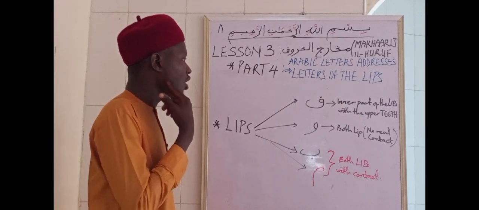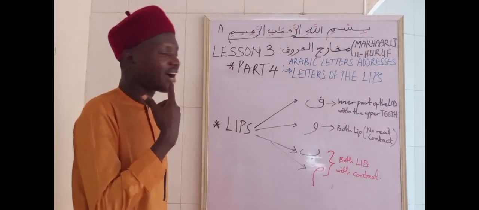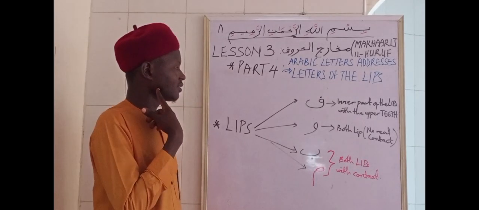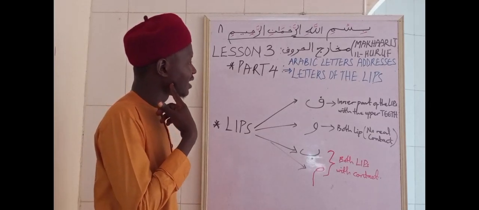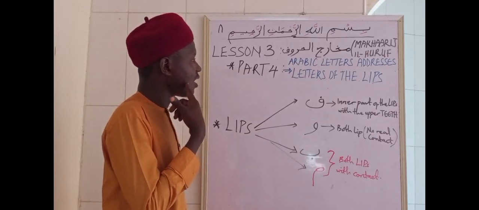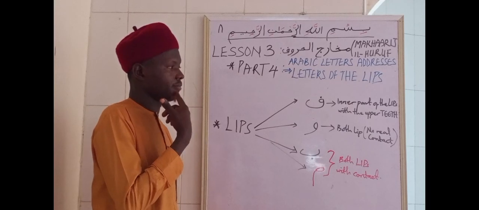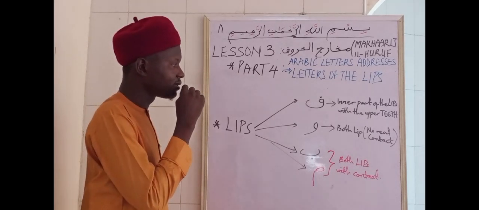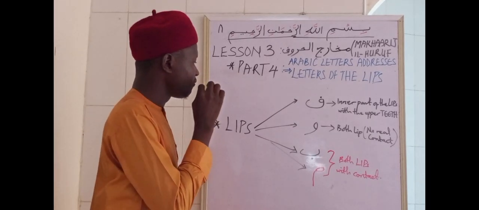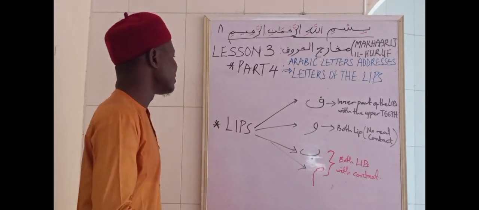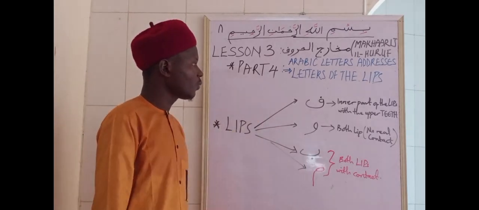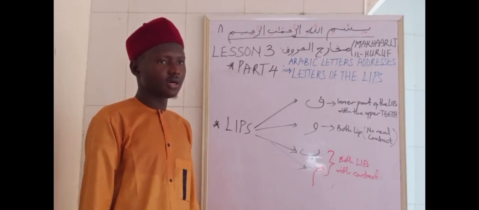But the tongue took the highest number of letters, 18 of them. The lips took only 4 letters, and this is what we have on our board.